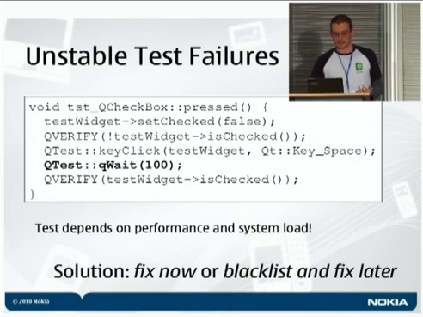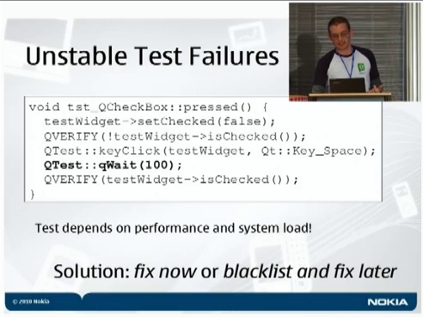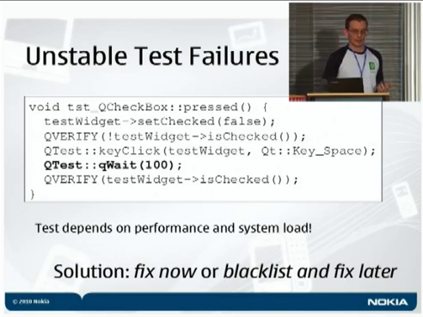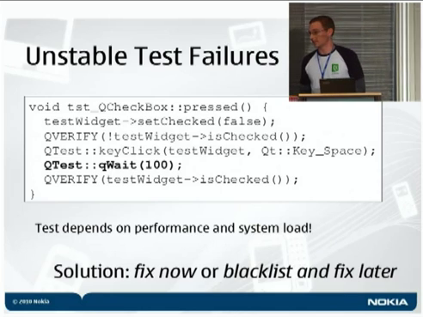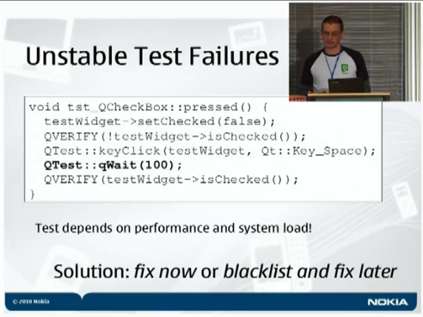But what they've done is they've put into their test some asynchronous action, followed by some delay, followed by some verification. And since they haven't correctly waited for it to complete, the test now depends on the performance of the system it's running on and the system load.